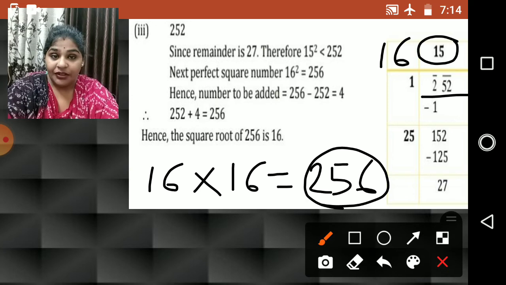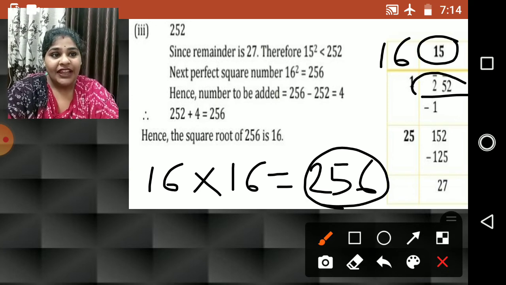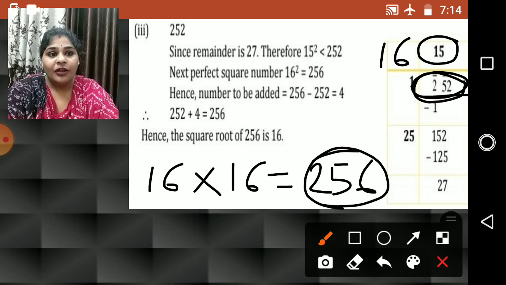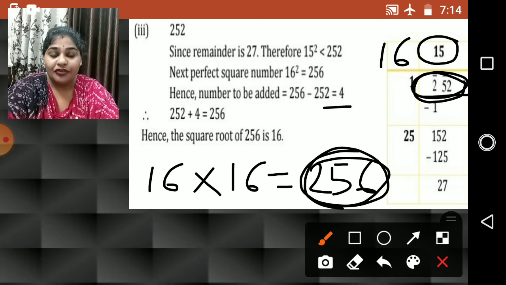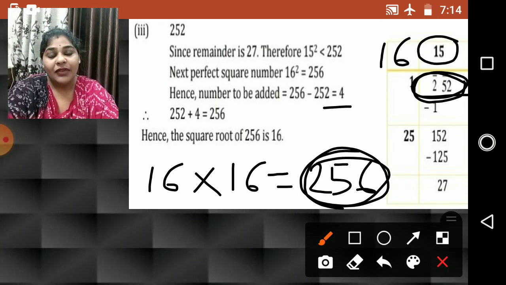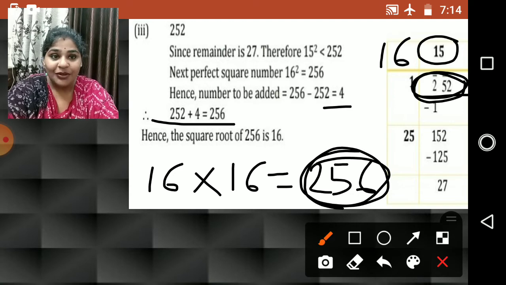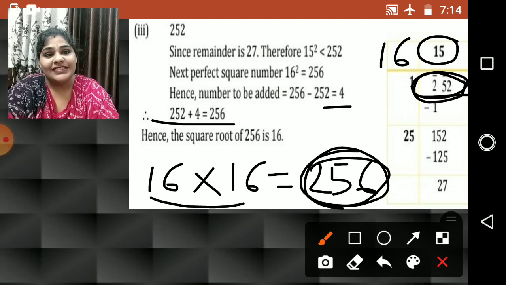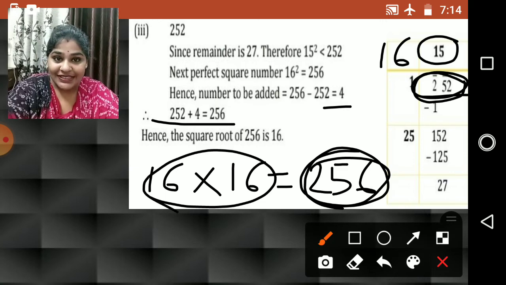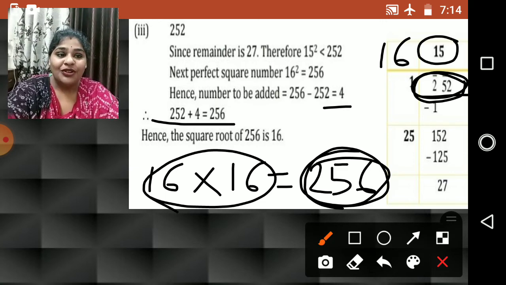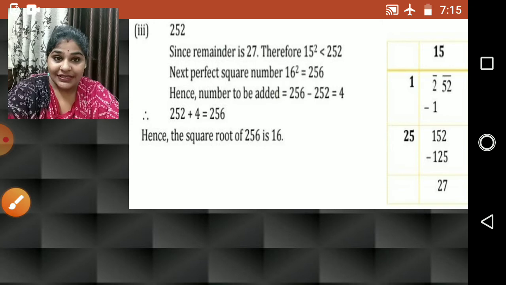Once you get 256, subtract 252 from 256. You will get 4. So 4 is the number which you have to add to the given number to get a perfect square. After adding 4 to 252 we get 256, and we know that 256 is the square of 16. So the square root of 256 is 16.